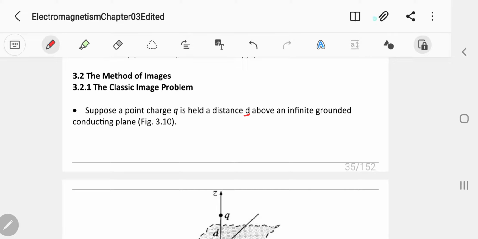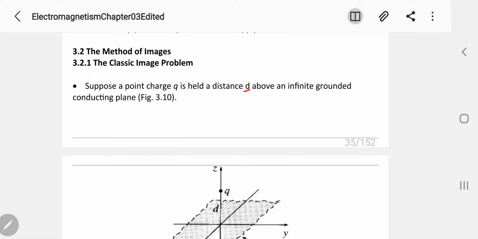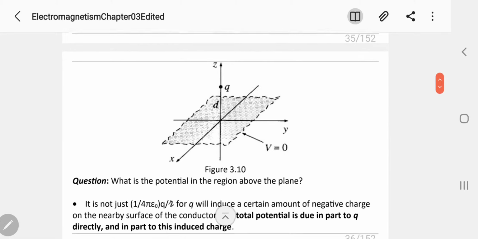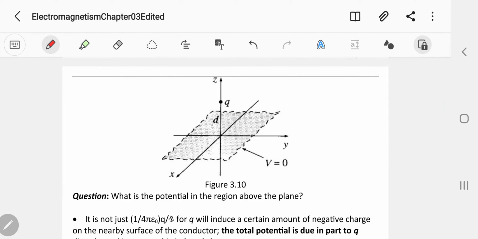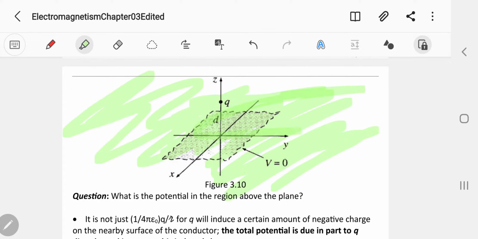So here you have this figure, and actually your conducting surface extends to infinity in the xy plane. So you have that.